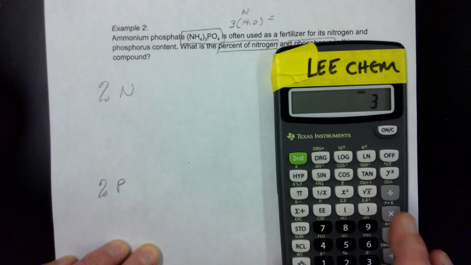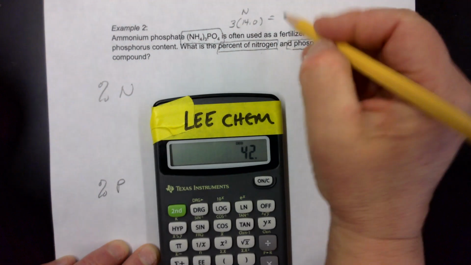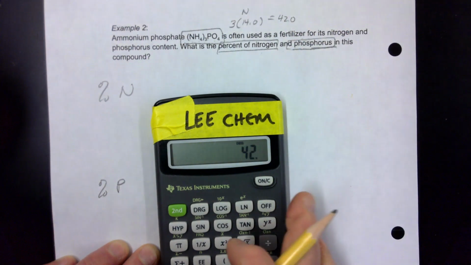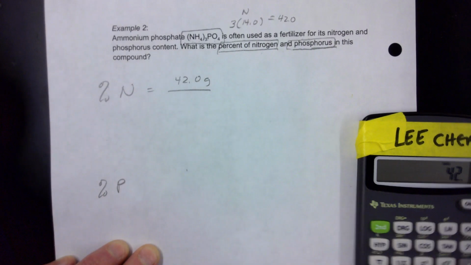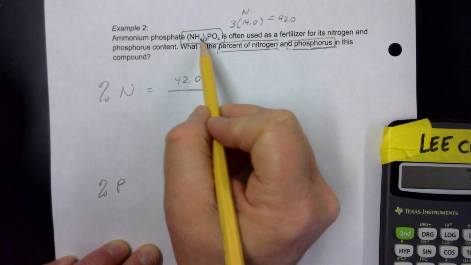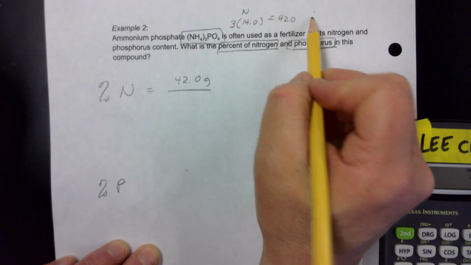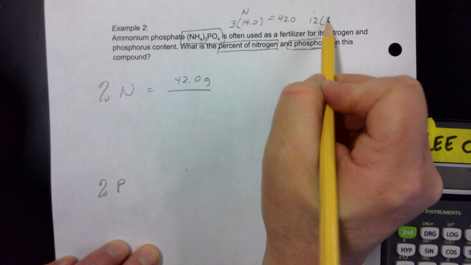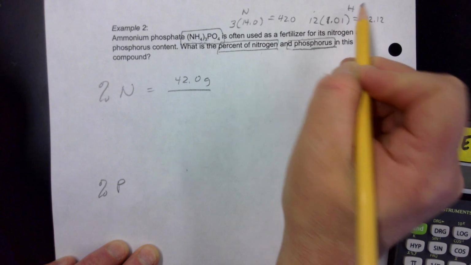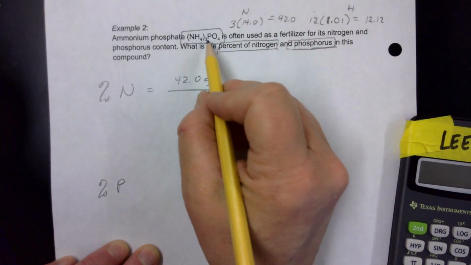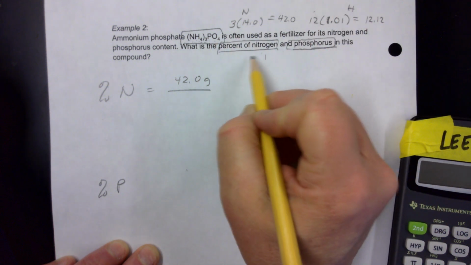So 3 times 14 is going to give you 42.0. That's the mass of just the nitrogen. Okay. There are 12 hydrogens, so 12 times 1.01. So that's 12.12. That's your hydrogen. Phosphorus, there's 1 phosphorus.